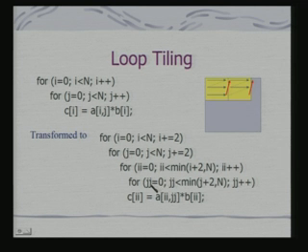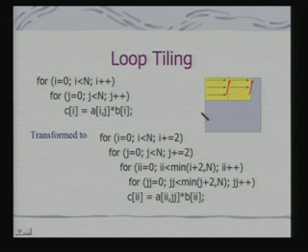Using these two indices, I have introduced an inner nested loop. In that inner nested loop, for a particular value of j and a particular value of i, ii goes from i to the minimum of i plus 2 and n.